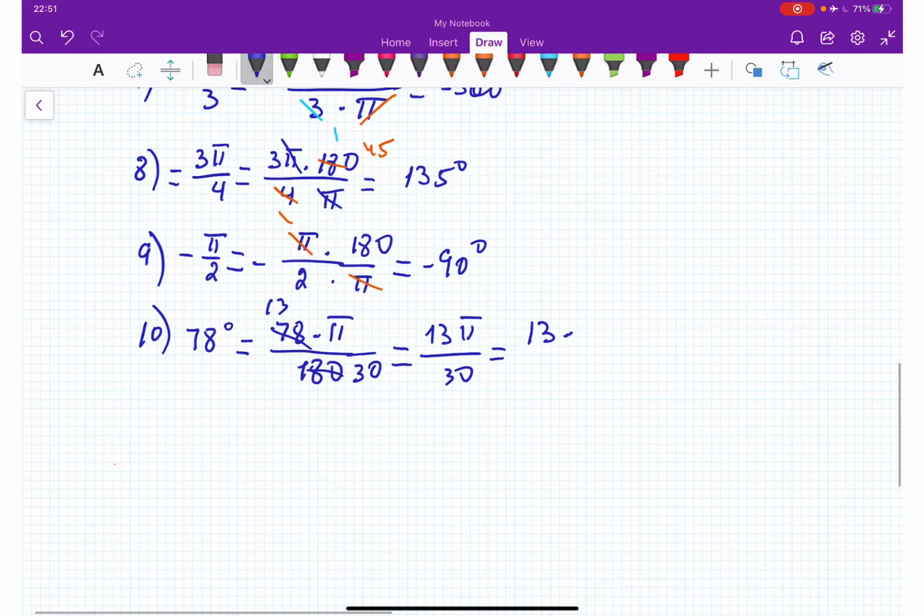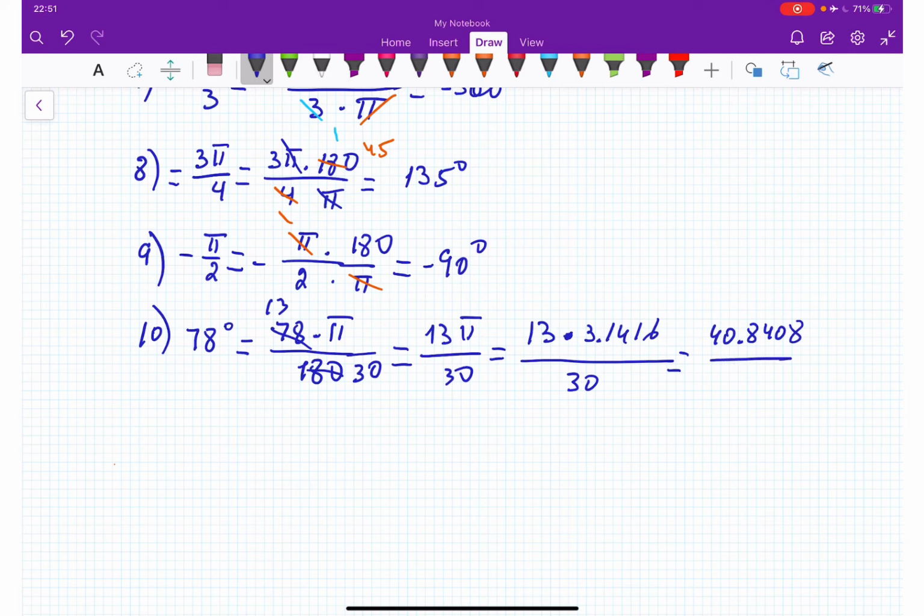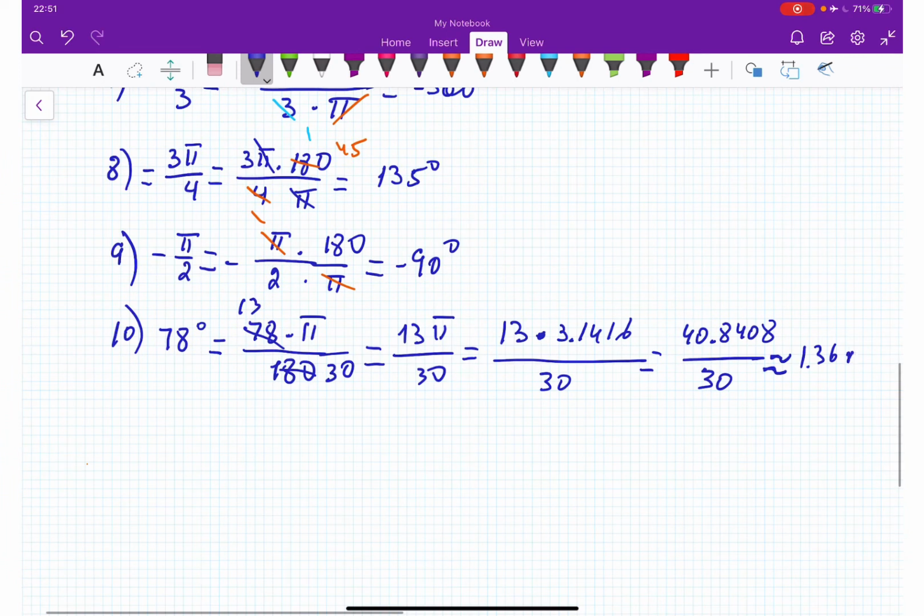So which is going to be equal to 3.1416 times 13, divided by 30. If you do the math, it's going to be 40.8408 over 30. And that's going to be approximately 1.36 radians.